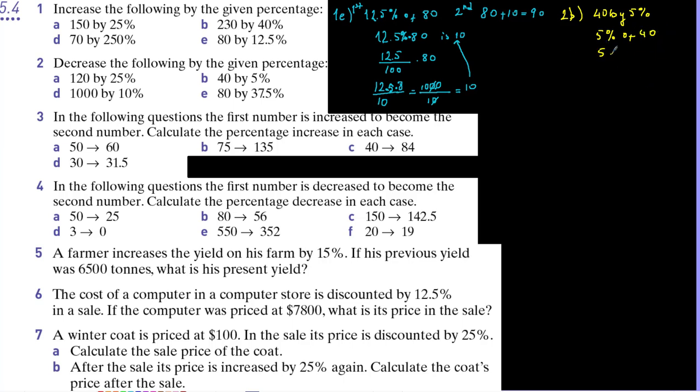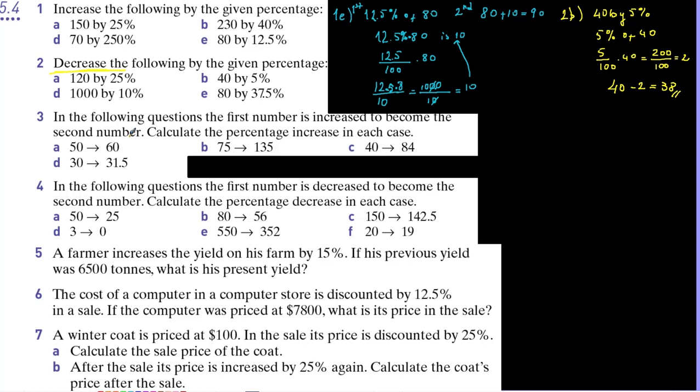That is 5 over 100 times 40, and when we simplify this, it's 200 over 100, which is equal to 2. And it says decrease. Since it is decrease, it should be 40 minus 2, not like increase. In increase we are adding, in decrease we are subtracting, which is equal to 38. This is the answer of question 2b.